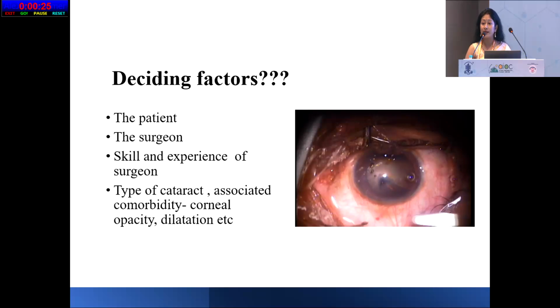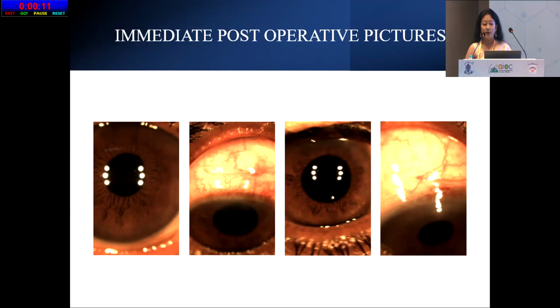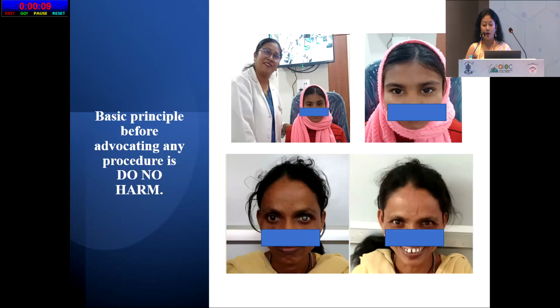So what are the deciding factors? It's the patient, whether the patient is willing or not. It's you as a surgeon, what your skills are, and it's the type of cataract or the comorbidities that you are dealing with. These are the immediate post-op pictures of a few of my cases, and these are the smiling faces. A patient comes back without the patch.